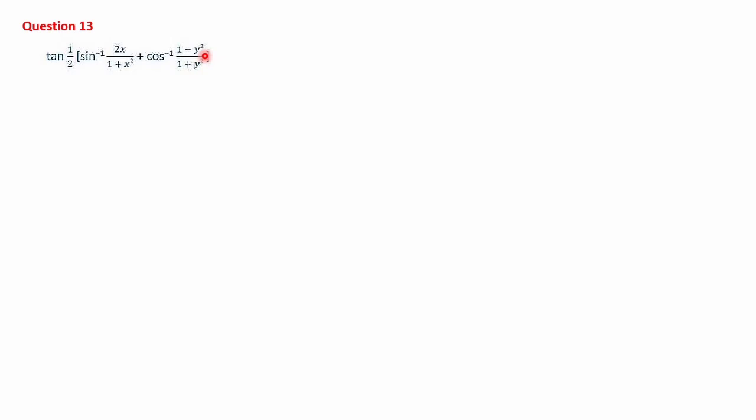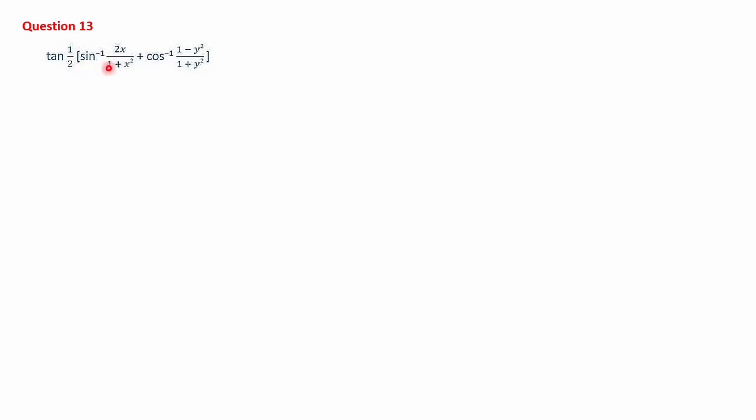There is a formula cos 2 theta is equal to 1 minus tan square theta by 1 plus tan square theta. So if you replace x as tan theta and y as tan alpha, we can change the first term as sin 2 theta and the second term as cos 2 theta. So we have a rough plan of how this one can be solved. By using that plan, we will move.